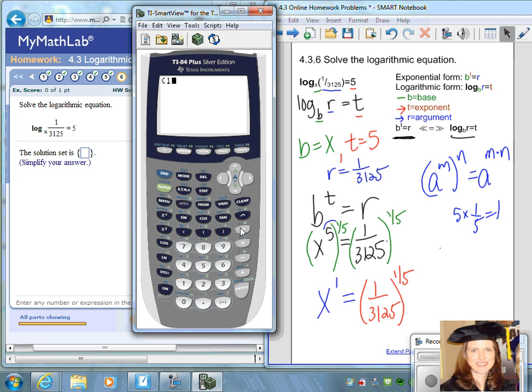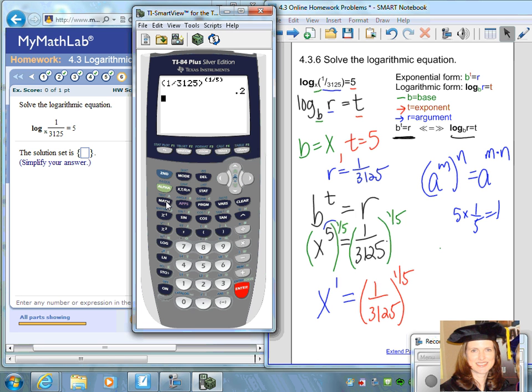I'm putting the fraction 1 over 3125 in parentheses, closing that, and then I'm going to raise that to a power, and the whole power I'm going to put in parentheses 1 divided by 5 and close the parentheses. So I have this fraction 1 over 3125 all raised to the 1 over 5 power. And I enter, and I see the answer is 0.2.